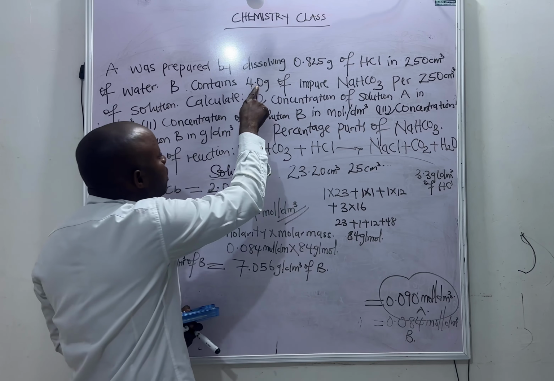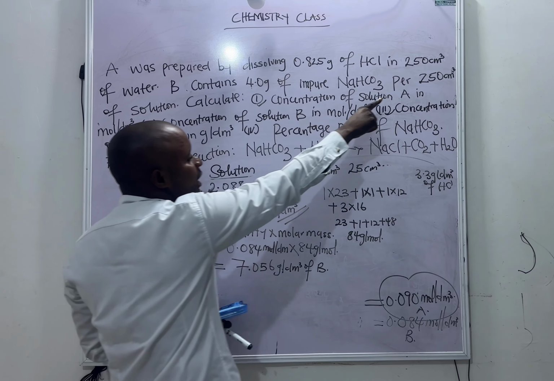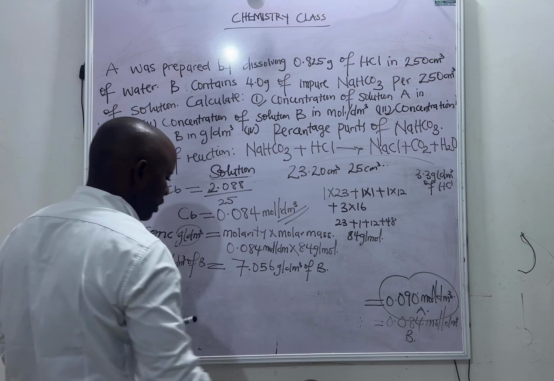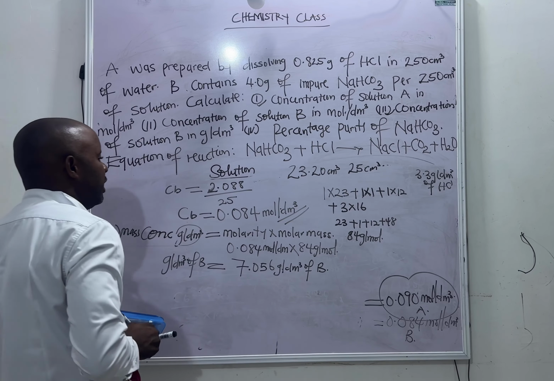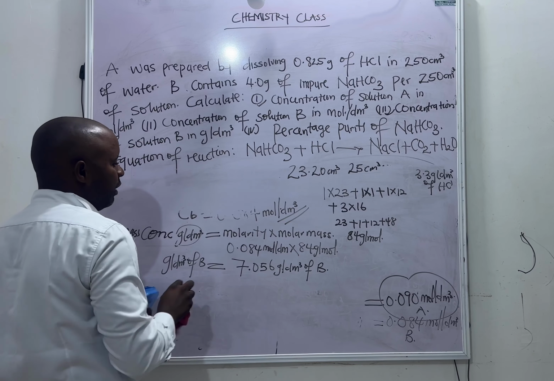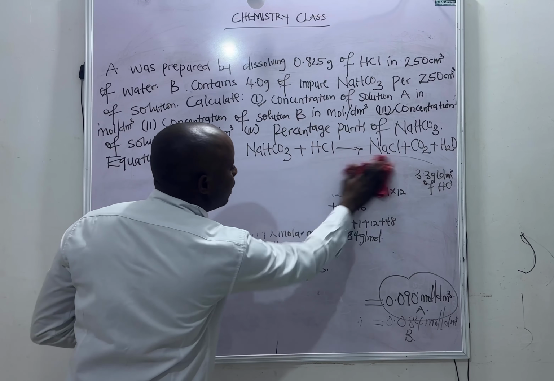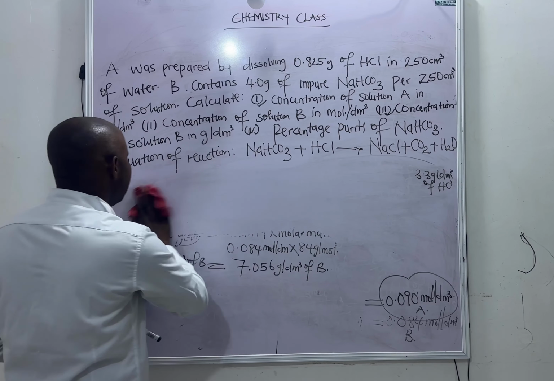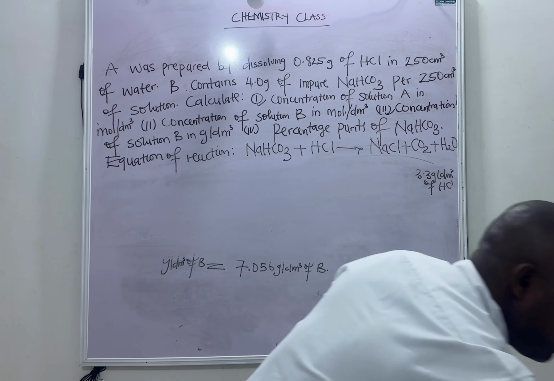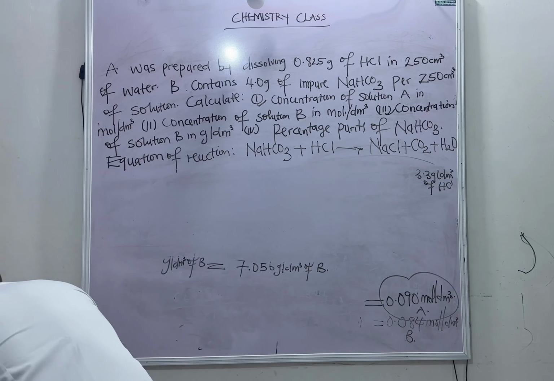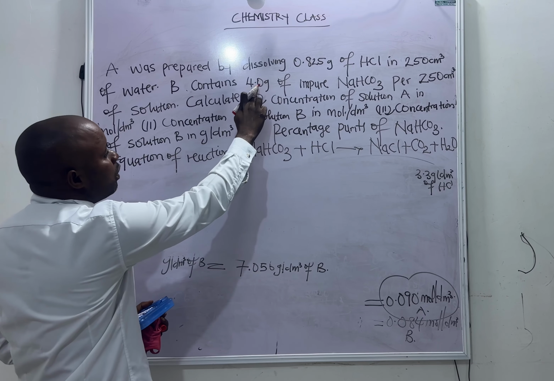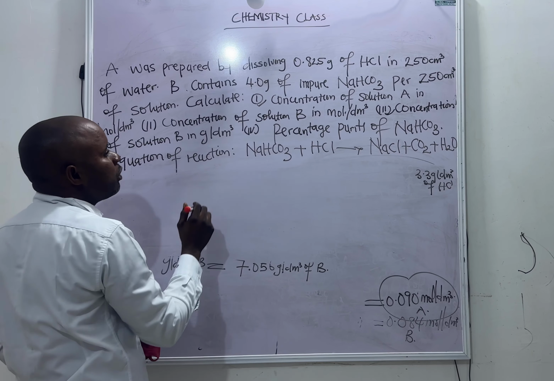If 4.0 gram of this impure is found in 250 cm cube, I'm going to compare this very easily by doing a very simple relationship. Let's solve for the concentration of this impure sodium hydrogen trioxocarbonate(IV).